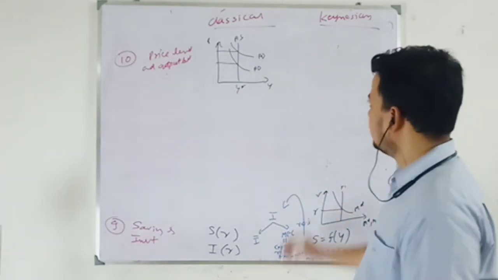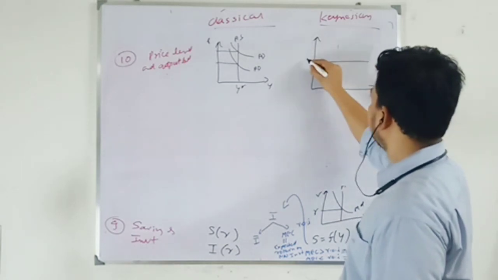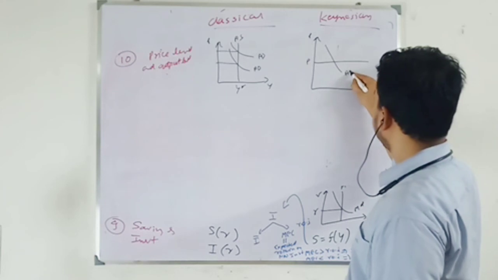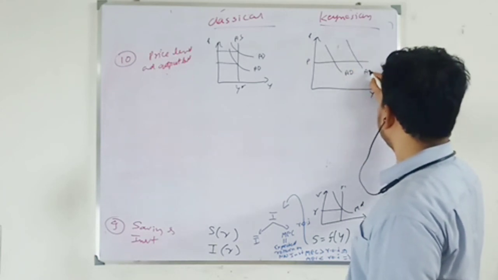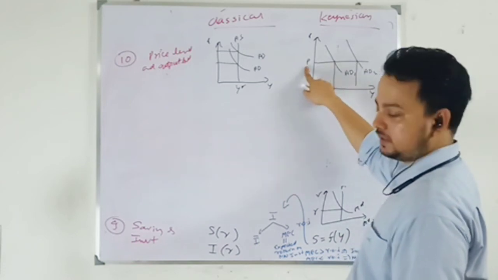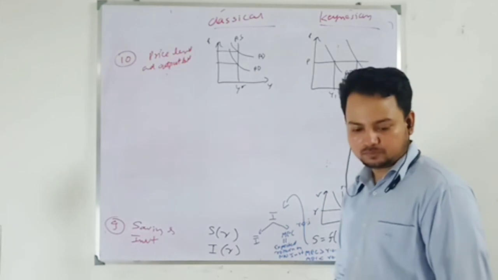In the Keynesian case, because they have idle capacity, when aggregate demand increases, from AD1 to AD2, the price will not change, but output will increase from Y1 to Y2.